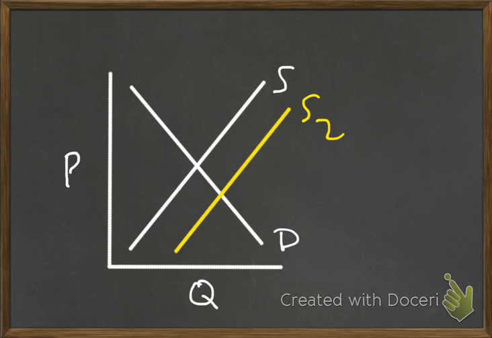And when this occurs, I can see right away that I have a new equilibrium point. Here's my old point. Label that E1 versus E2 here.